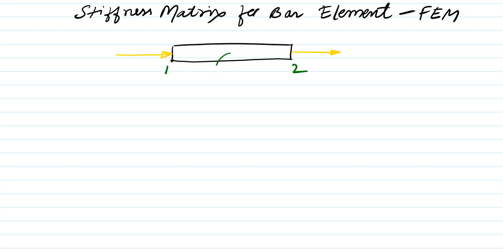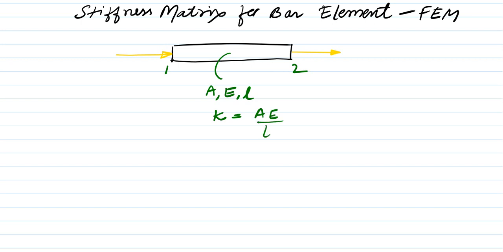The cross section of the bar is A, Young's modulus or modulus of elasticity is E, L is the total length of the element, and K is the stiffness. For a bar element, K is equal to AE by L.